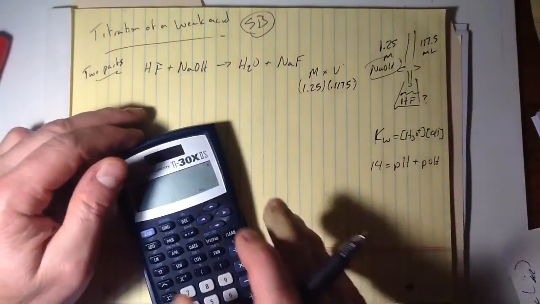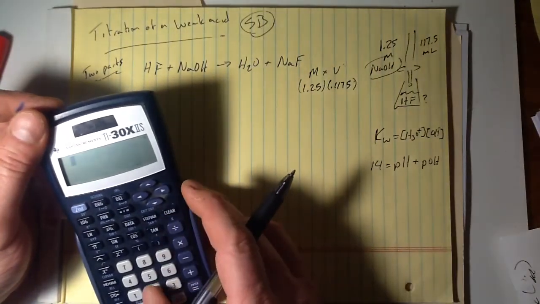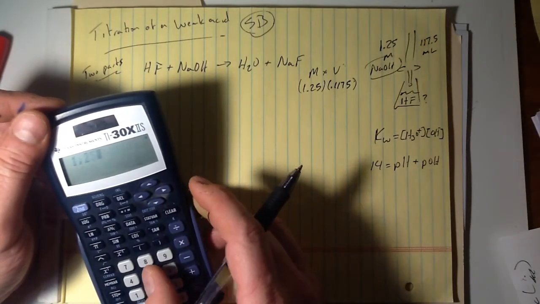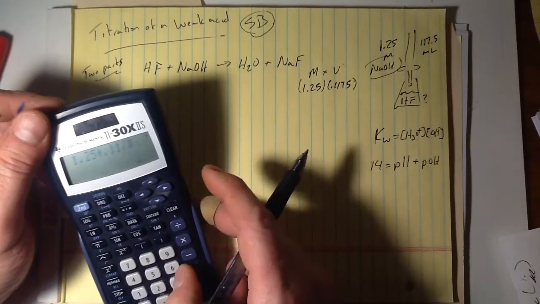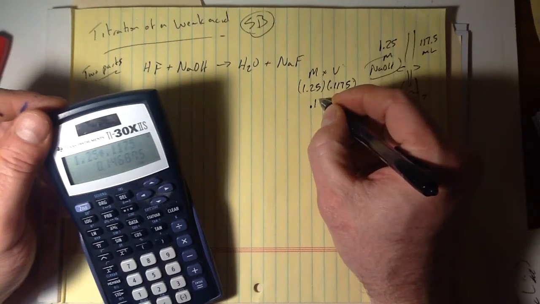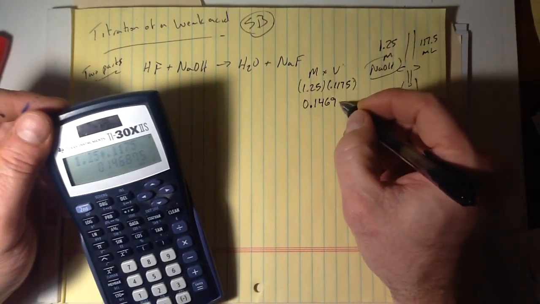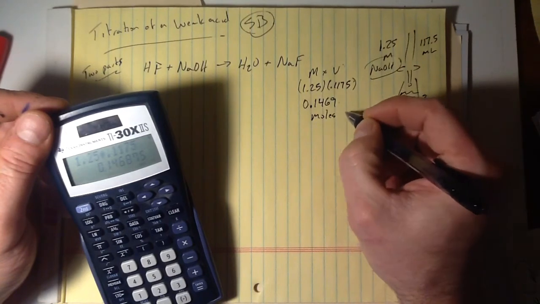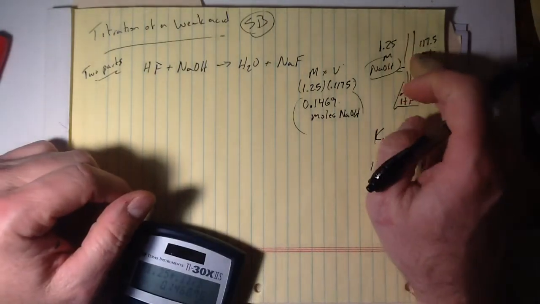So I'm going to take my calculator and do that real quickly, and we'll say that we have our 1.25 times the 0.1175. That's going to give us, as far as a mole amount, 0.1469 moles of NaOH that we titrated from the titrant.